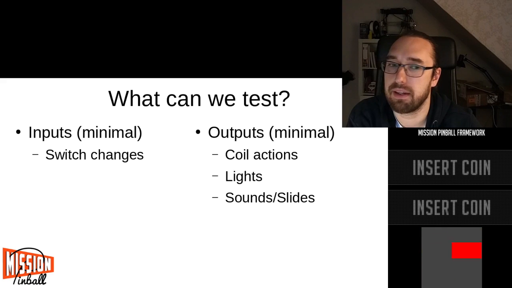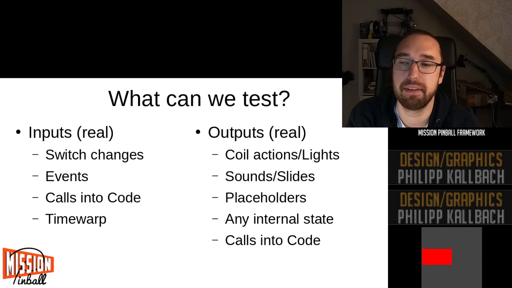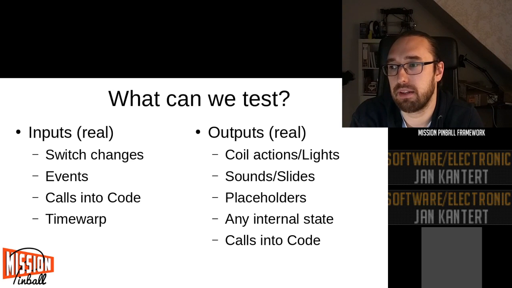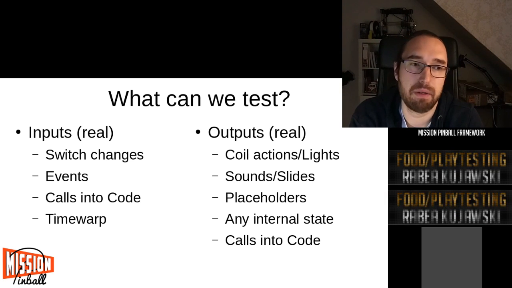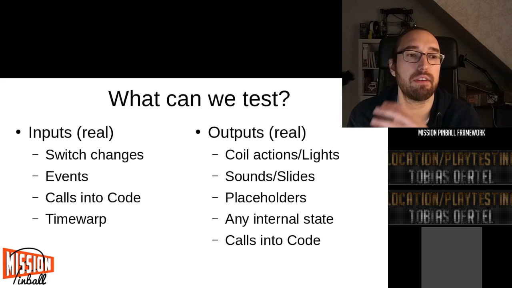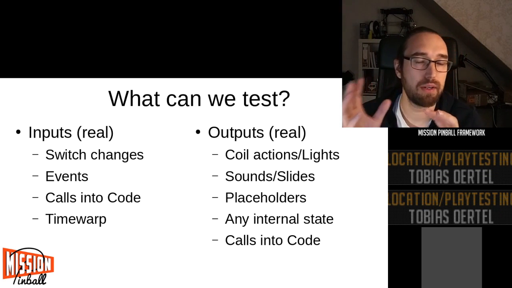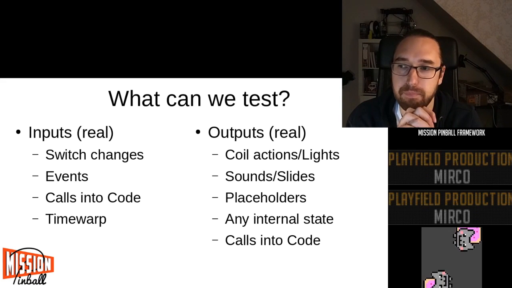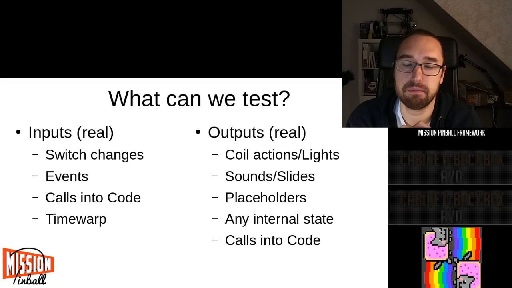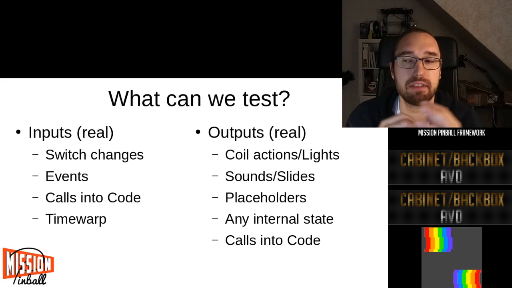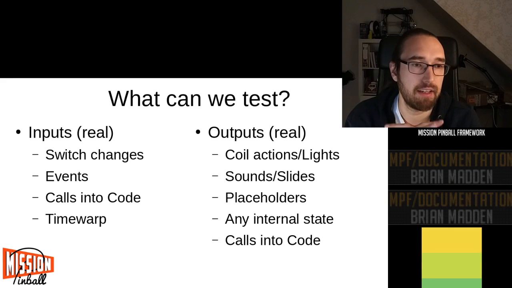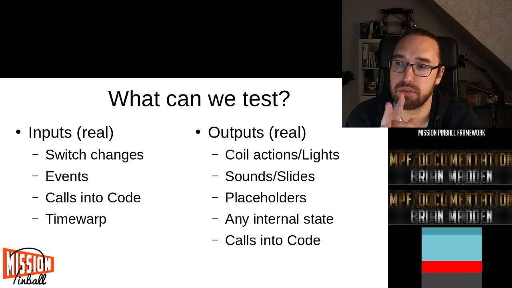And in MPF we can even do a little bit more, and that's this. As an input we can either put in switch changes, but we can also post certain events. So if you want to trigger certain logic inside your game, then you can also directly post certain events, and that might trigger some logic, and in some cases that's useful.